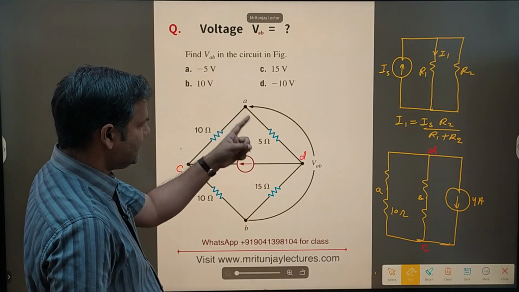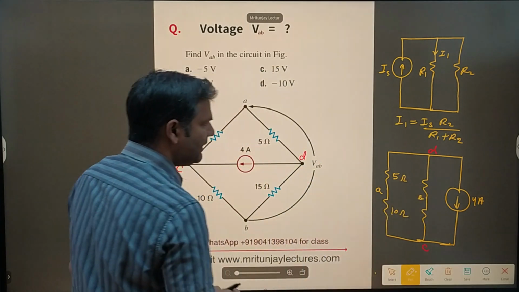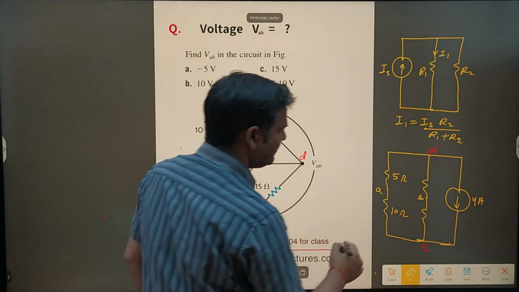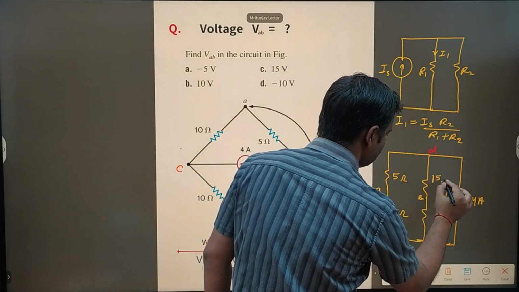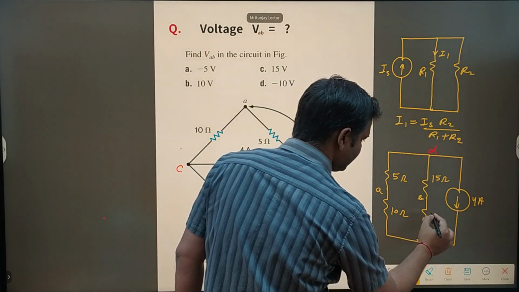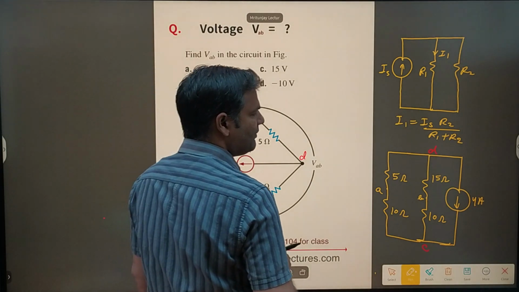A to D is 5 ohm, and B to D is 15 ohm, and B to C is 10 ohm. Okay, clear or not?